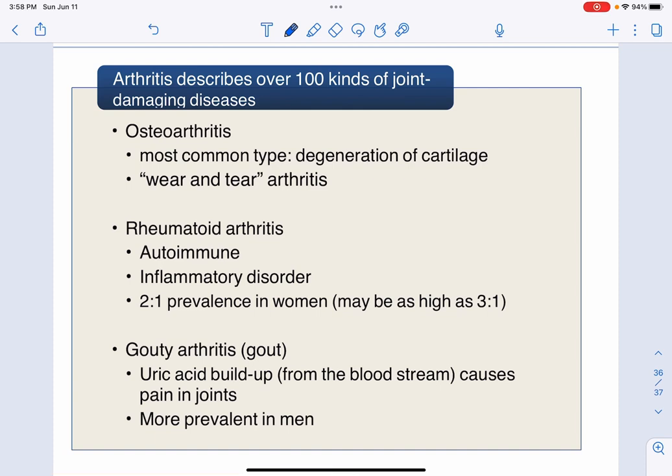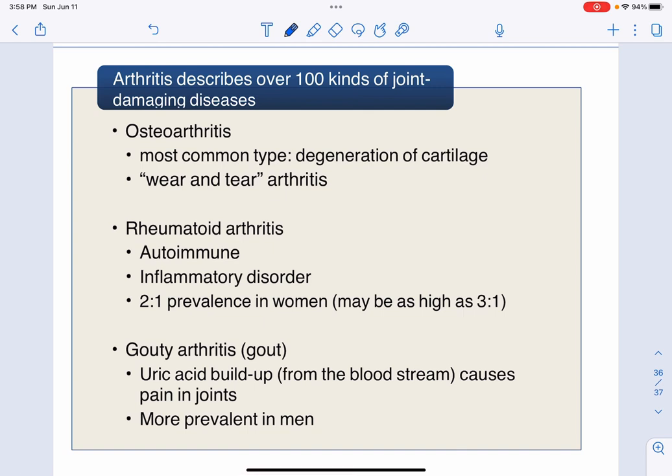So if you are using your body a lot, and with age, sometimes you get a degeneration of the cartilage in the joint. This can be very painful. That is osteoarthritis.